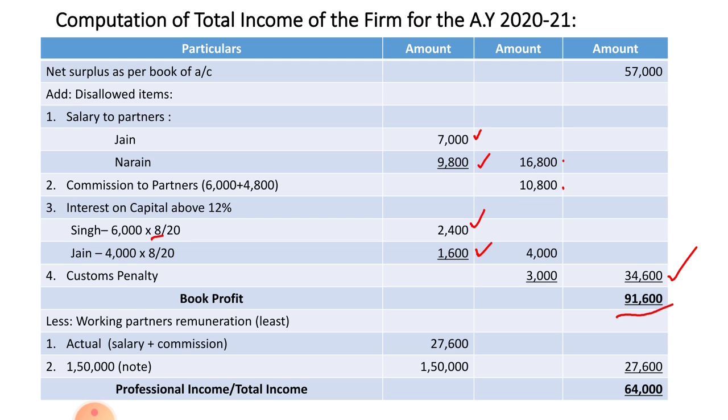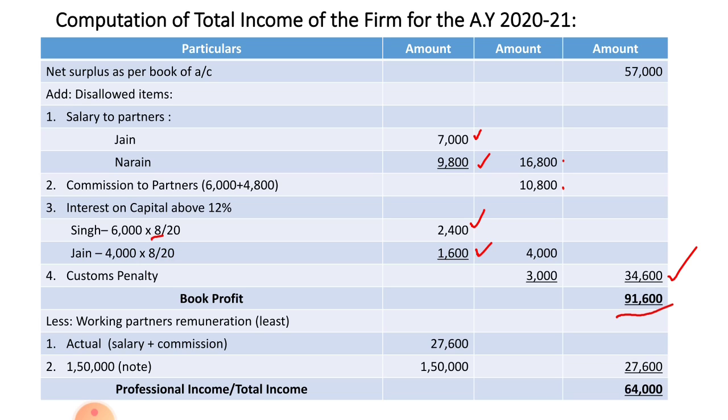This is not the statutory limit, remember that point. So out of these two items, that is actual salary and 1,50,000, whichever is less you have to consider. When book profit is given, first you have to consider whichever is more, next you have to consider whichever is less. Here 27,600 is less.